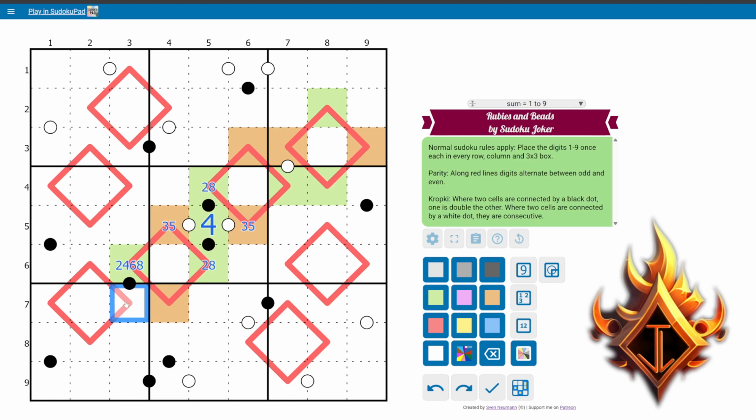If that is even, oh, these have to be different. So these are going to be the same.